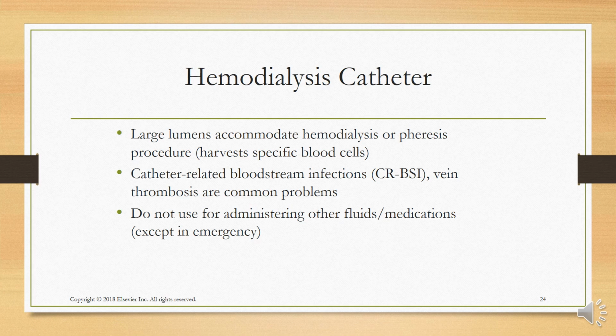There can be vein thrombosis. That's a common problem in a hemodialysis catheter. So what would be important to do? Flush that catheter, right? Don't use these dialysis catheters for administering any kind of fluid or medication unless it's an emergency, and then you can use them.